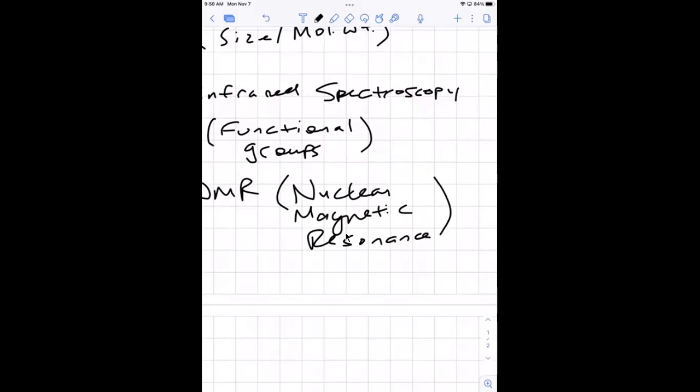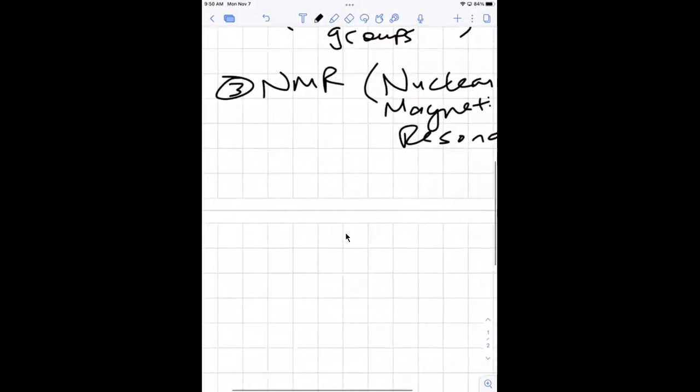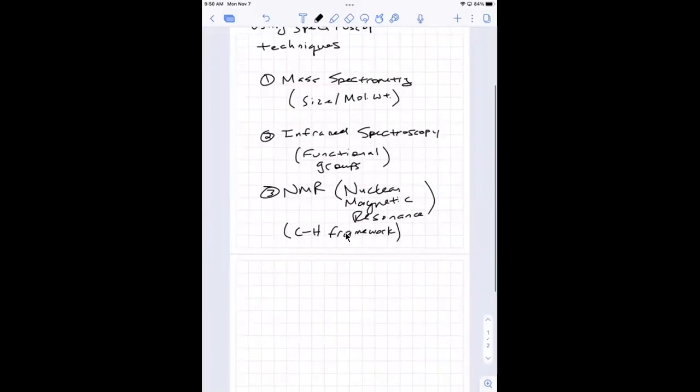It's nuclear magnetic resonance, right? And this tells me about the carbon-hydrogen framework of a molecule. You can actually prove a structure based on NMR.